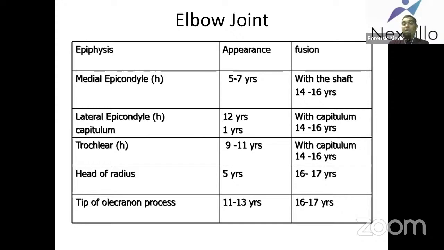So if your elbow joint is completely fused, the medial epicondyle or lateral epicondyle with the shaft, the capitulum, the head of the radius and the olecranon process, then on average the individual's age will be 14 to 17 years. So that is the importance of the elbow joint.